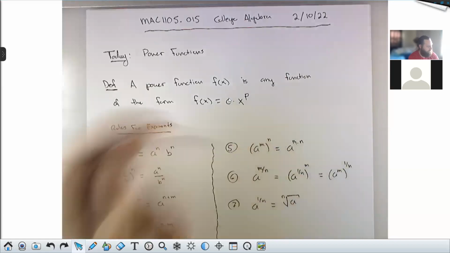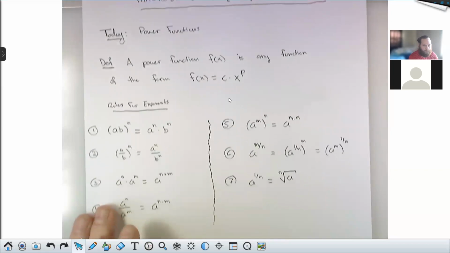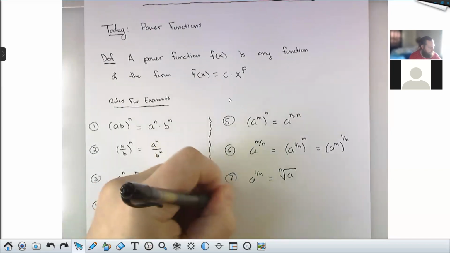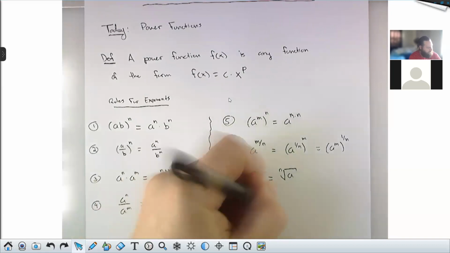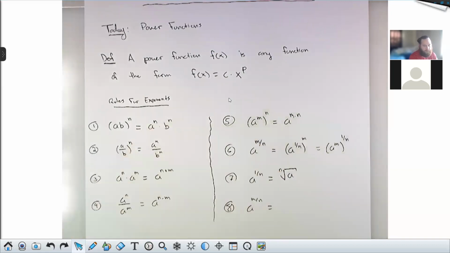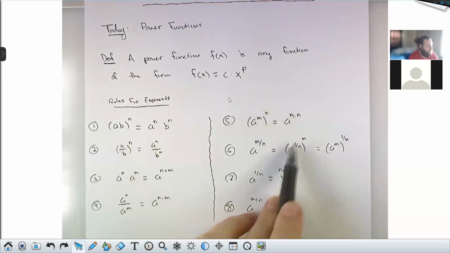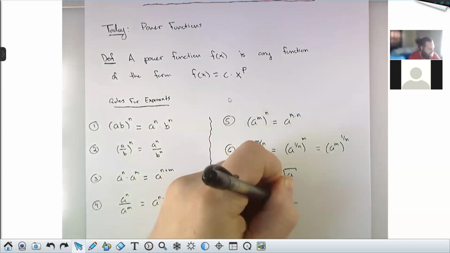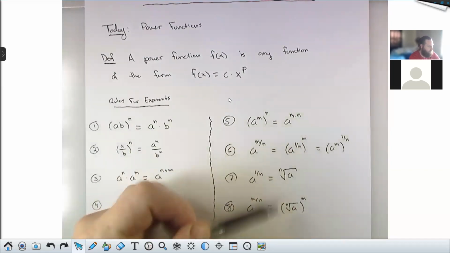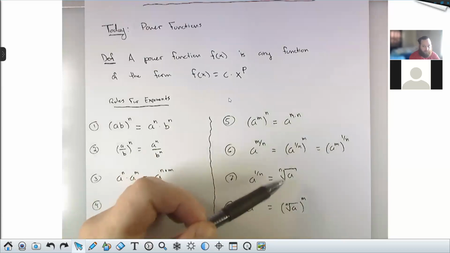of that number. And then putting this together with number 6, you see that you can write a to the m over n, this object, in either one of these forms, and the 1 over n here would be an nth root. So this is the same as the mth power of the nth root, and this being the same as this because of this.